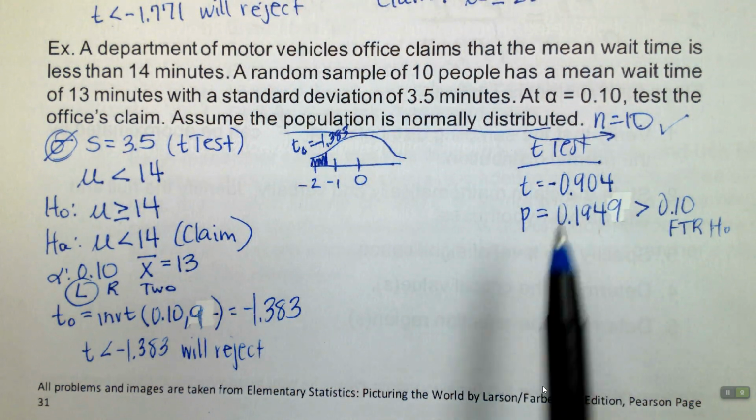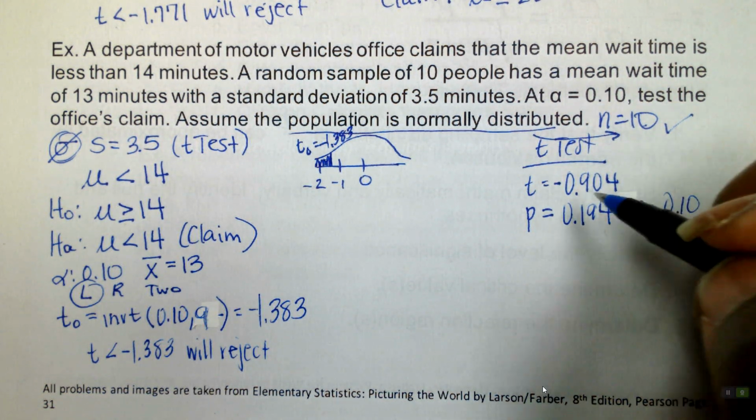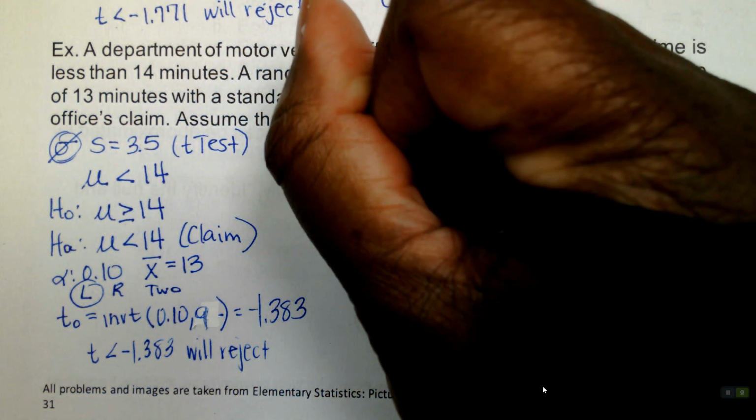Our T is not lower than negative 1.383. It's greater than, so it's not going to reject. But let me graph it. Negative 0.904, it's like right here.